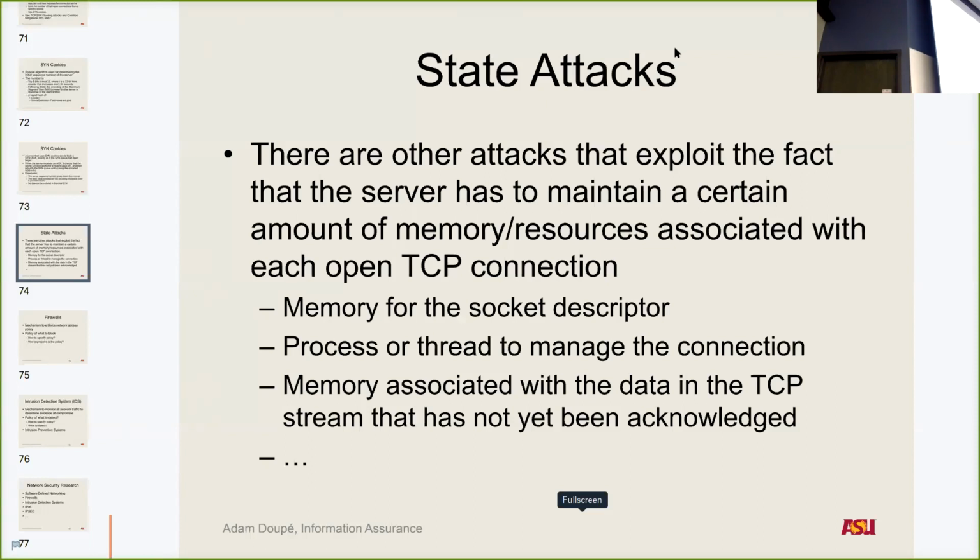One other thing is when a server sends you some data over TCP, it needs to be ready to resend it in case that packet is lost. TCP is resilient like that, but that means it needs to keep it in memory. And so until you send the ACK, the server has to keep that data in memory.